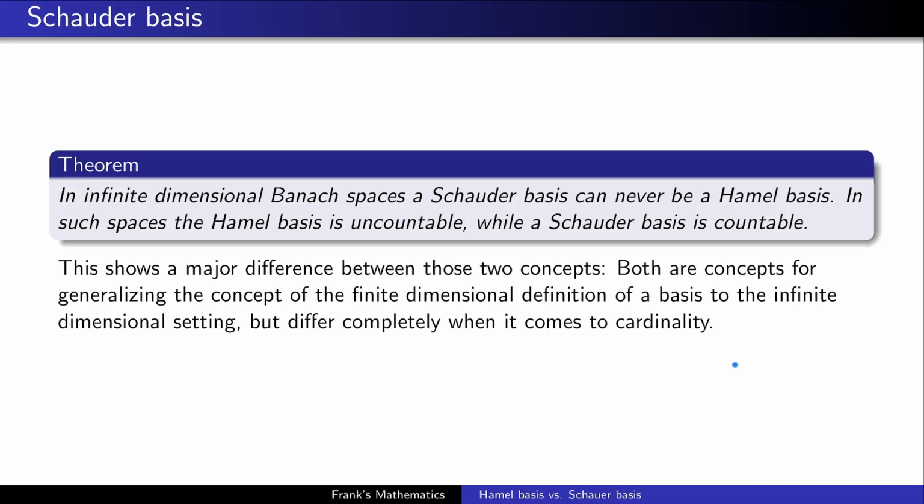Both of them are used to generalize the concept of a basis to infinite dimensional settings. But when it comes to cardinality, they completely differ. What you need depends on what you want to prove. Sometimes it's useful to work with Hamel bases. I usually work with Schauder bases because they're more accessible, let's put it that way.